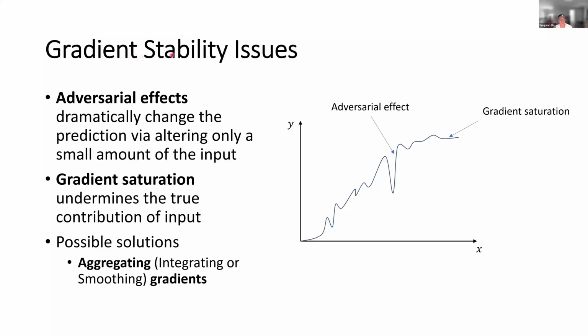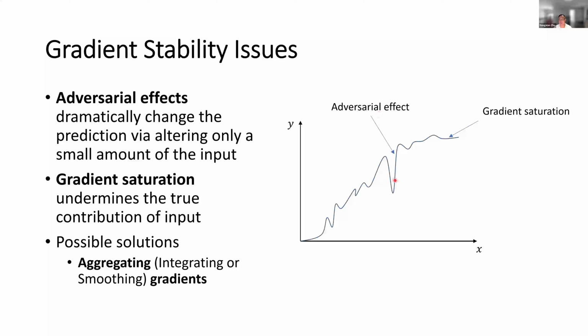The reason it's not stable is that we have an adversarial effect and gradient saturation. Here you can see, for example, the vertical axis is the target output, right? The prediction is a cat or a dog or something like that. The horizontal axis is the input, the features, right? You can see the output surface is very, very unstable here. Sometimes you have this kind of adversarial effect.